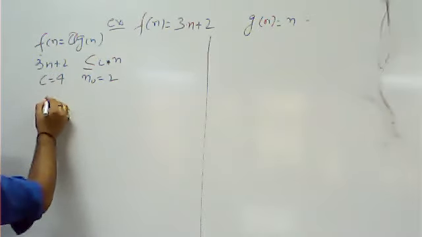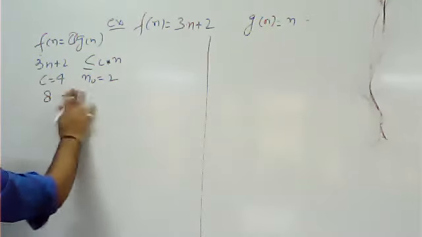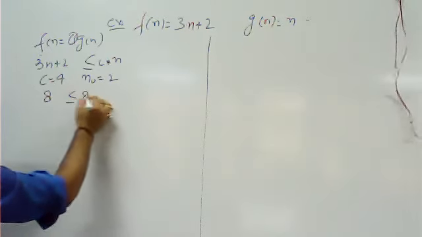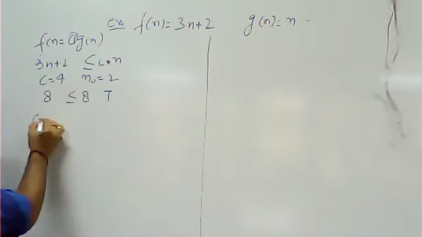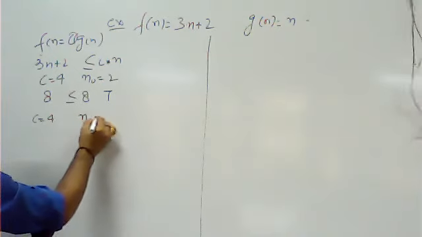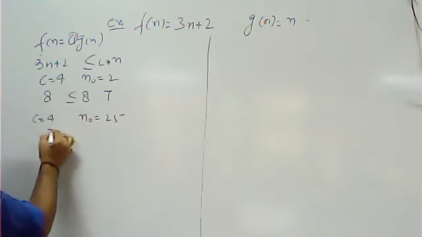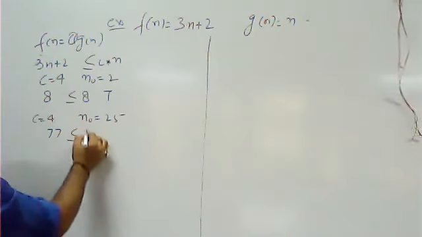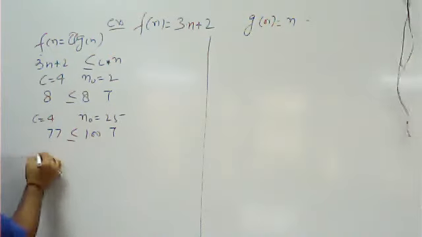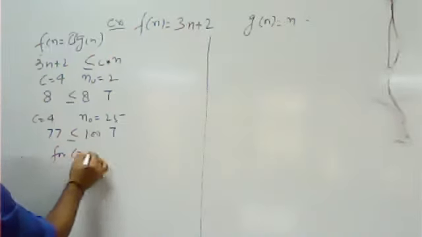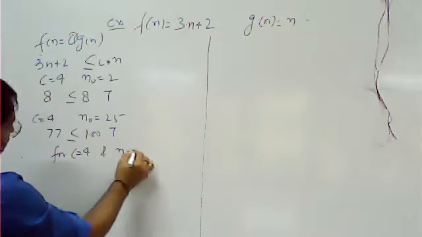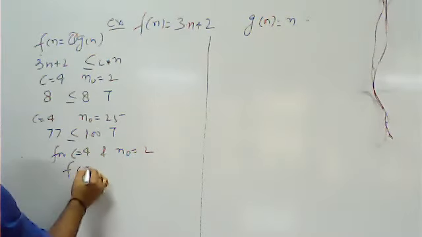So it is 8 less than or equal to 8. Condition is true. And randomly we'll check C equal to 4 and n0 equal to say 25. So 77 less than or equal to 100. Again, condition is true. Therefore, for C equal to 4 and n0 equal to 2, Fn is equal to order of Gn.